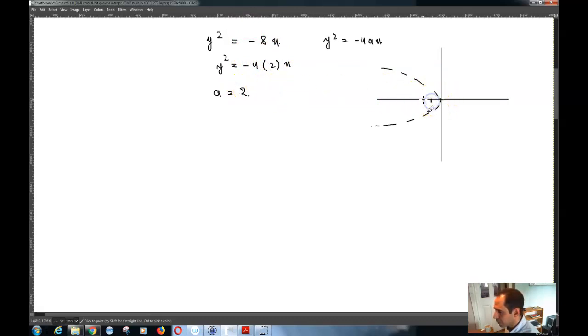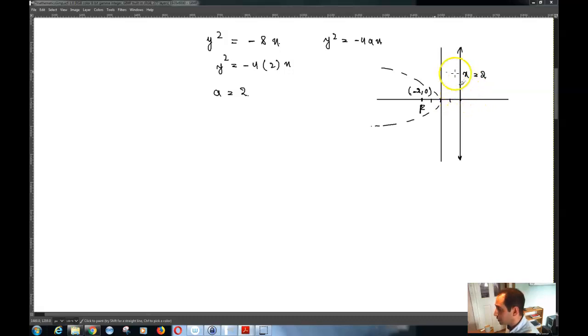Now if my a is equal to 2, then negative 2 comma 0 would be my focus, and x is equal to 2 is the directrix. So negative 2 comma 0, the x-axis, and x is equal to 2 is the directrix.